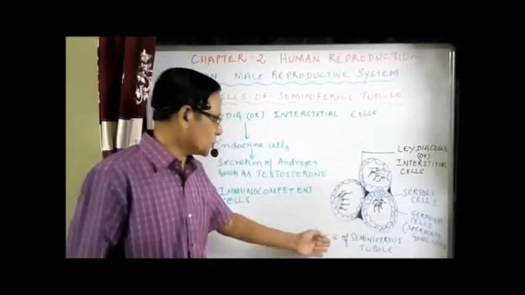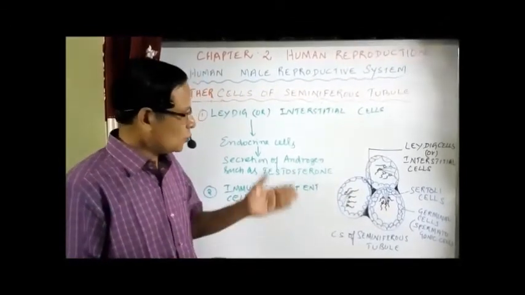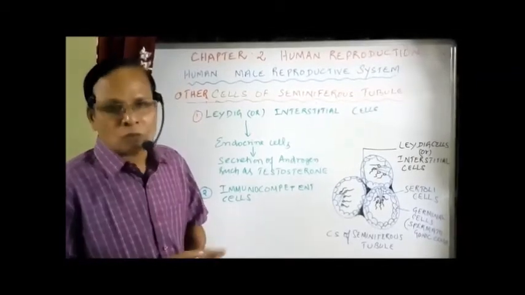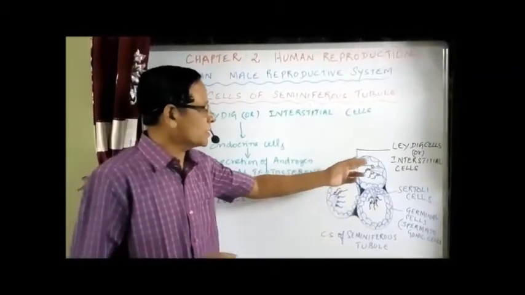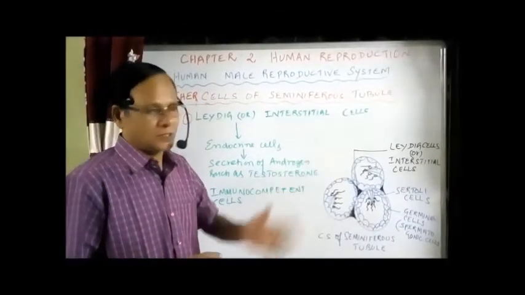Here is a picture I showed. See a seminiferous tubule, look at the picture and understand what is Sertoli cell, what is spermatogonic cells, and also we have Leydig cells or interstitial cells. The immunocompetent cells are not represented.